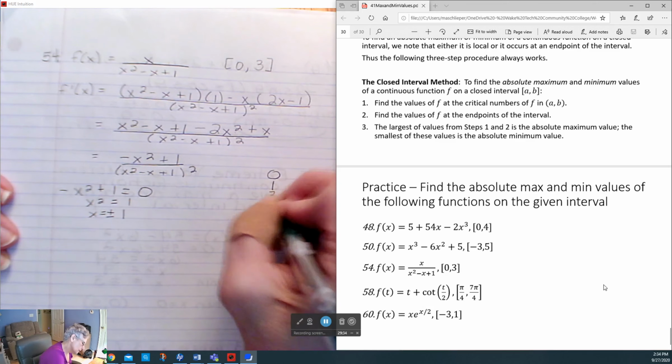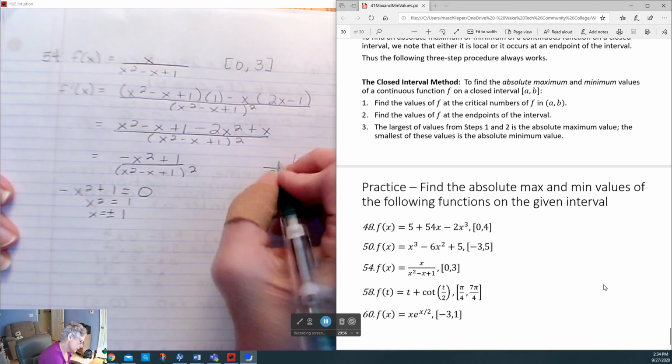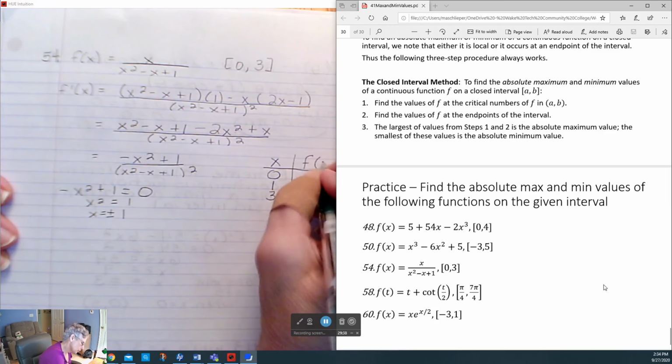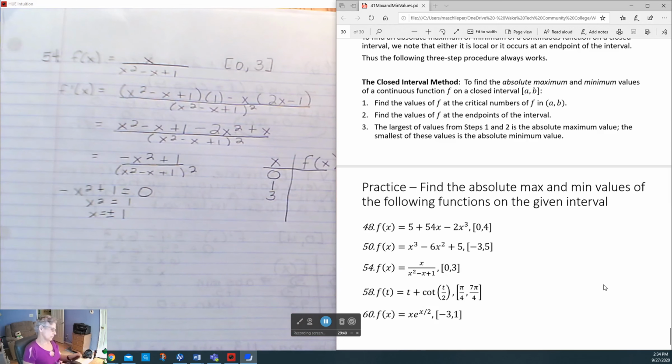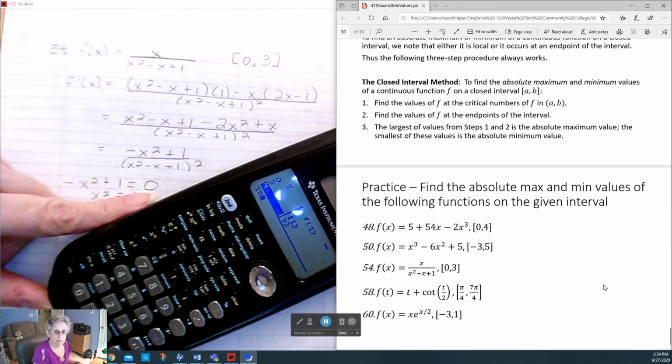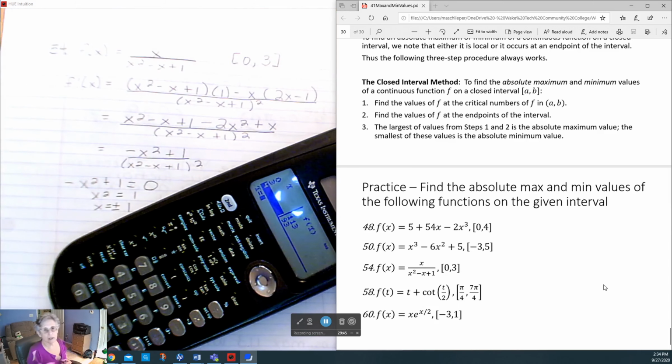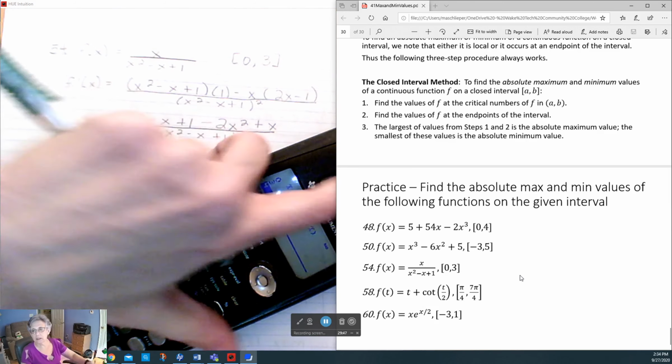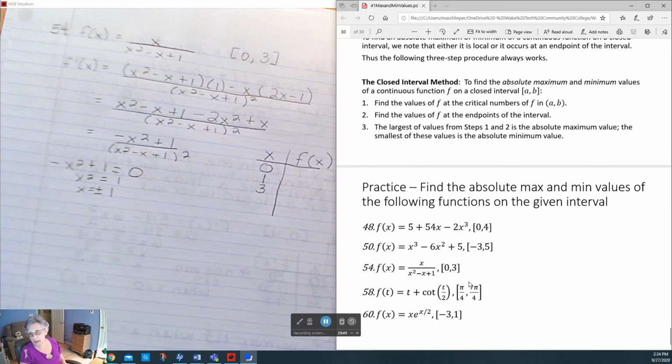Only 1 lives between 0 and 3. Back to the old calculator. I'm not going to make you watch me plug these in. I'll plug that in, I'll go back and do 50, and then I think we'll do 58 and 60 together.